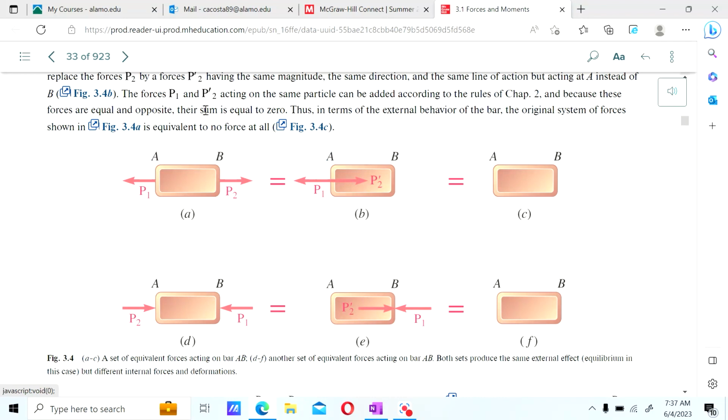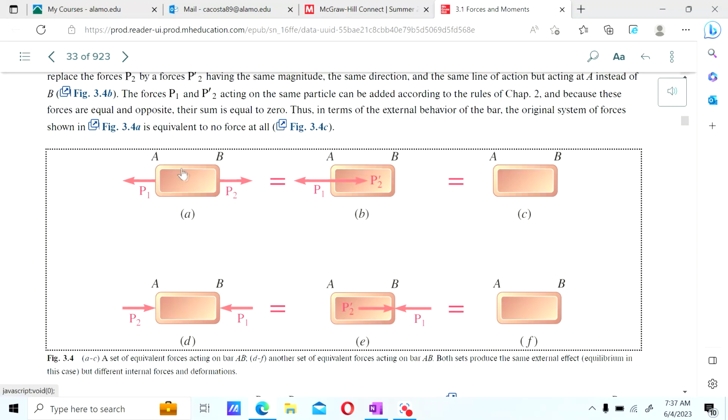So this is pretty interesting. If you have a point A and point B, and P1 and P2 are the same, that is the same as having P2 exactly at point A, which is a body at rest. It's technically the same as having no force applied. You're just wasting energy, literally.